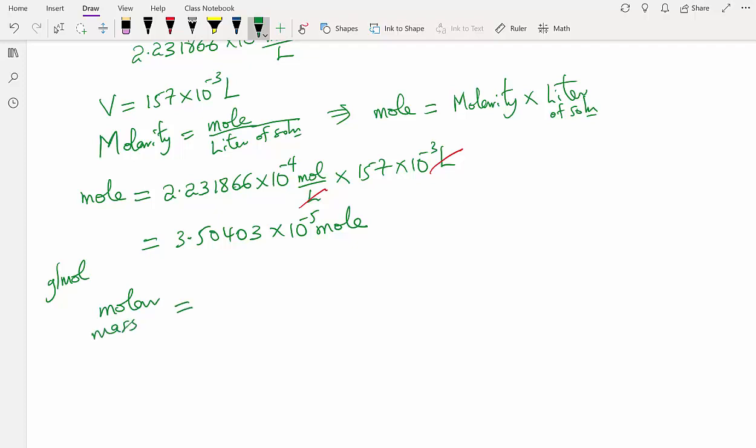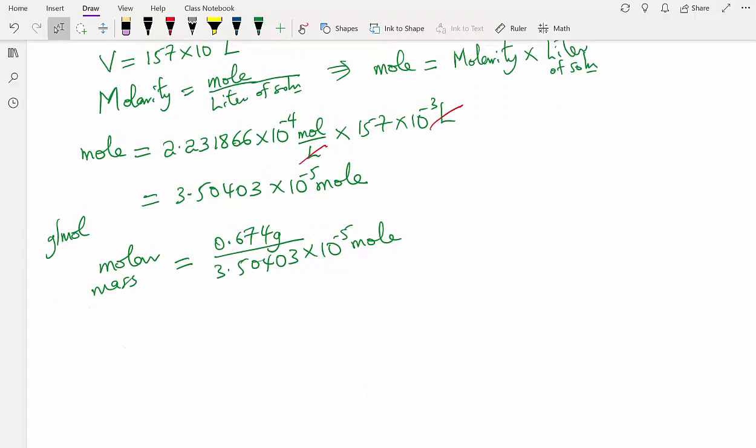we simply will divide the grams by the mole, which will be 0.674 grams as provided in the question, divided by 3.50403 times 10 to negative 5 mole, which we just calculated.